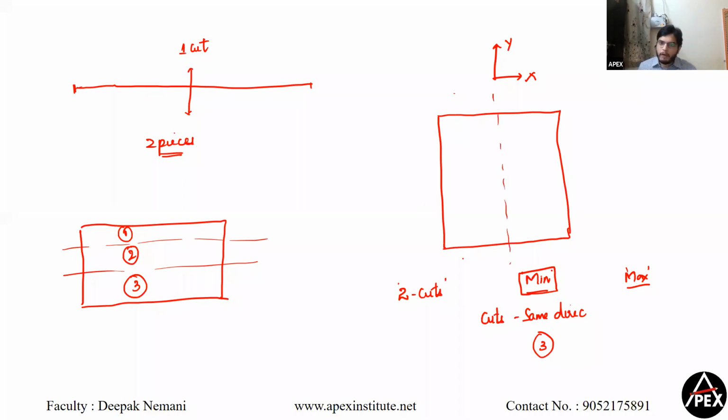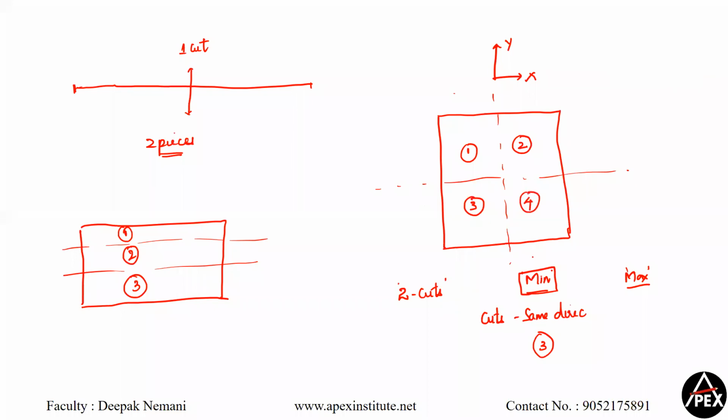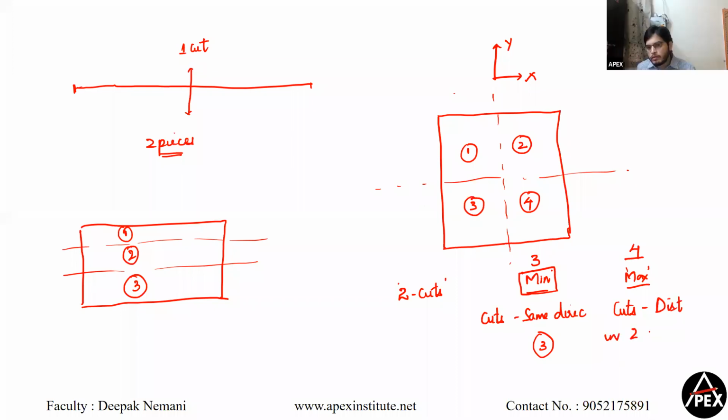If I make one cut in Y direction, I'm getting 1, 2. Now I will make another cut in X direction. So this cut divides these two pieces into 3 and 4. So minimum is 3, maximum is 4. So when will we get maximum number of pieces? When cuts are distributed in two directions.